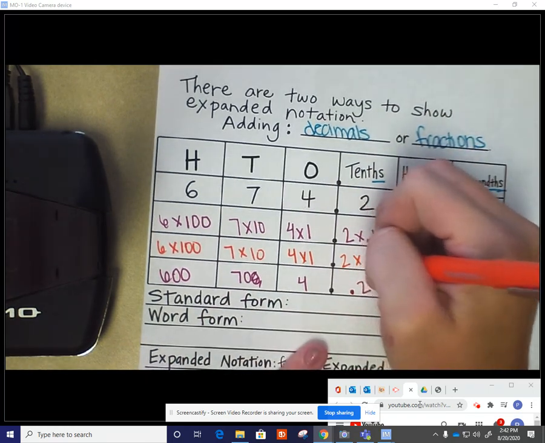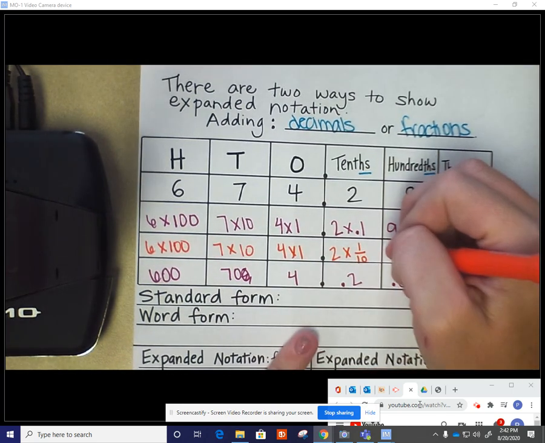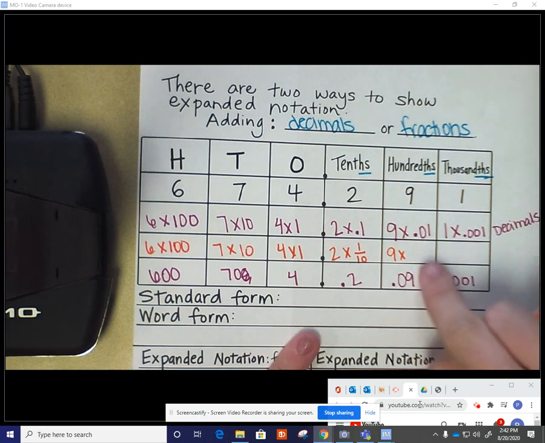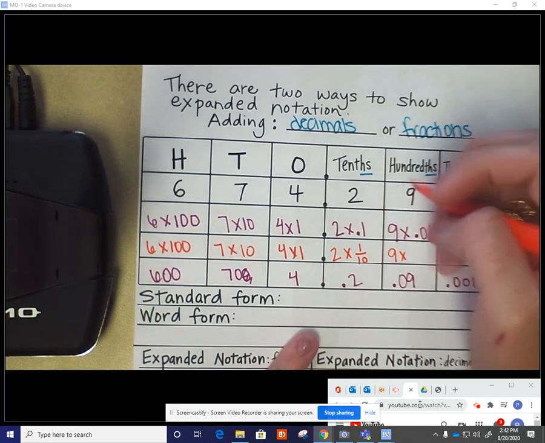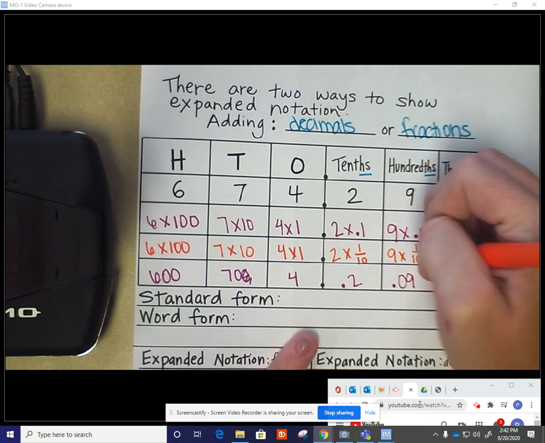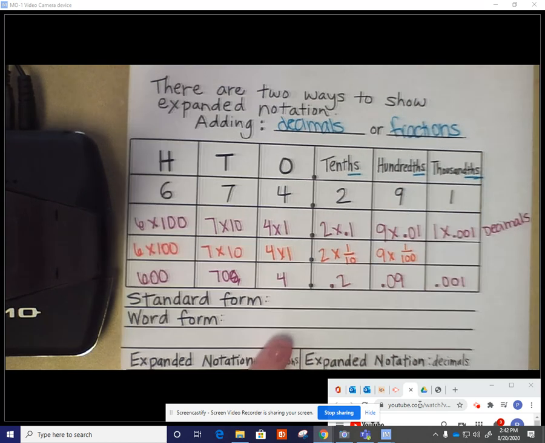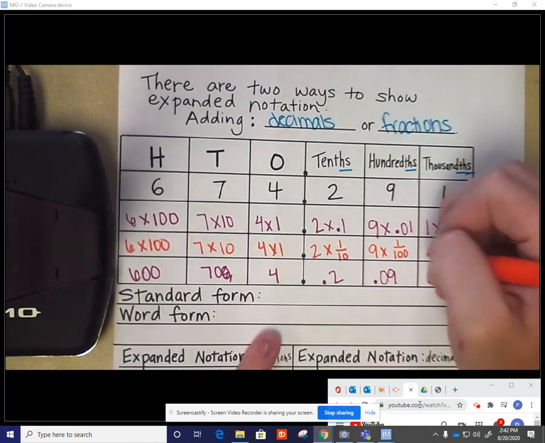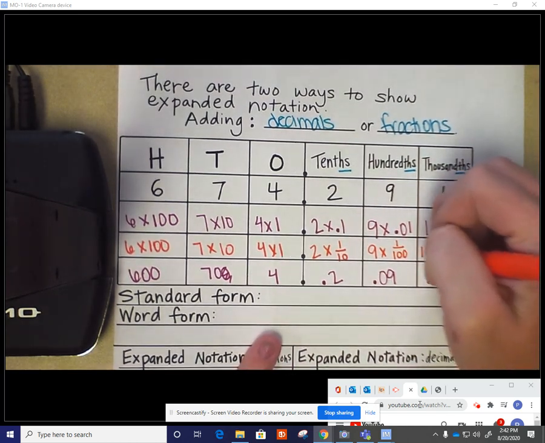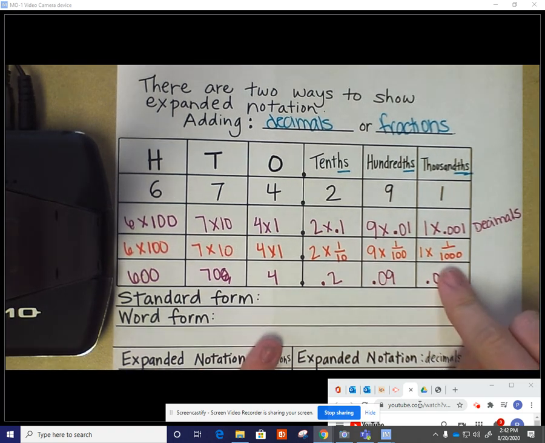Let's use 1 over 10 to show 1/10. We have 9 times 1/100, and we know that 1 over 100 is the same as 1/100. Lastly, we have thousandths, so we have 1 times 1 over 1,000, because that's 1/1,000.